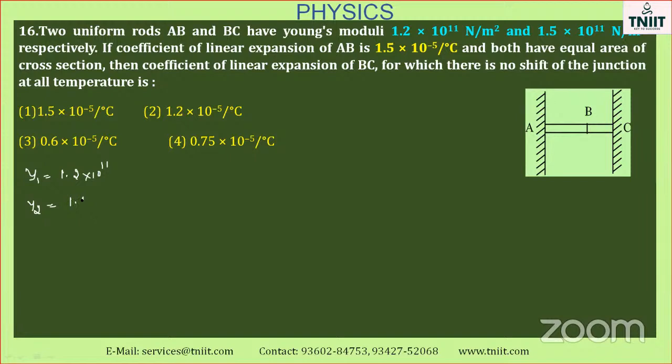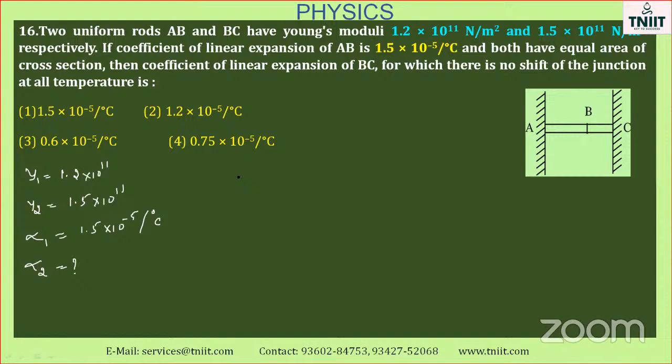Second modulus is 1.5 into 10 power 11. Coefficient of linear expansion in the first case is 1.5 into 10 power minus 5 per degree Celsius. Now, what is the coefficient in the second case?